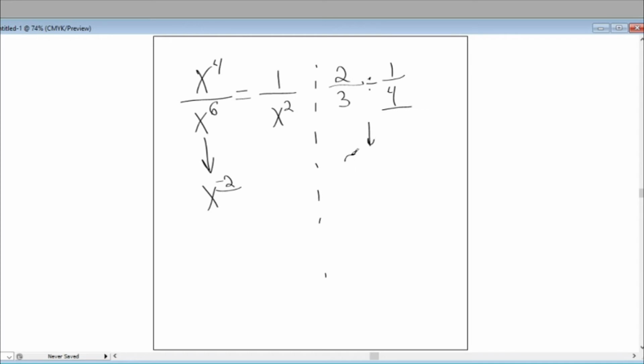So this would become 2 over 3 multiplied by 4 over 1. Well, 1 over 4, the reciprocal of that is 4 over 1. Reciprocal means that we're taking the inverse of that number. It's not necessarily the opposite, but it's kind of like thinking like that. A whole number 4, the opposite of that would be 1/4. So like here we're multiplying by 4, here we're basically dividing by 4.